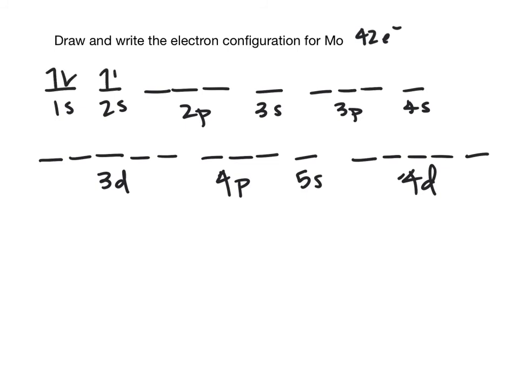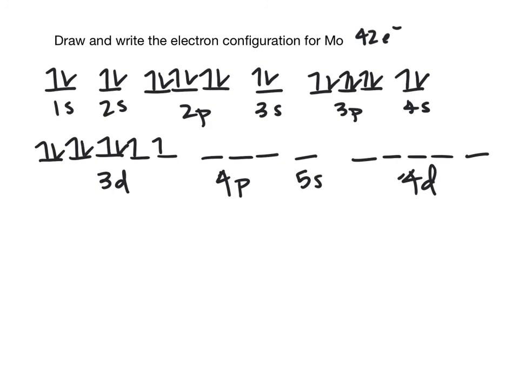1, 2, 3, up to 42. So molybdenum, if we look at what we see here in the 5s and the 4d, this doesn't look very balanced.